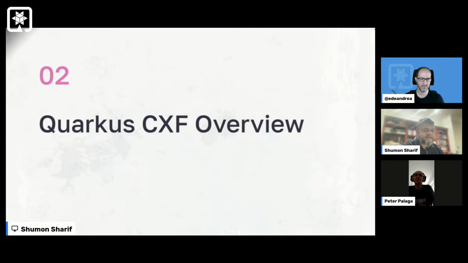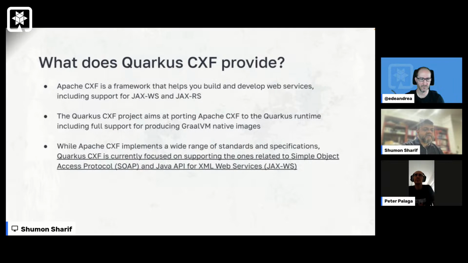Okay. So quick overview of Quarkus CXF. Apache CXF is essentially a framework that helps you build web services and includes support for various standards and APIs such as JAX-WS and JAX-RS. The purpose of the Quarkus CXF project is to port the Apache CXF framework to the Quarkus runtime and fully support producing GraalVM native images.